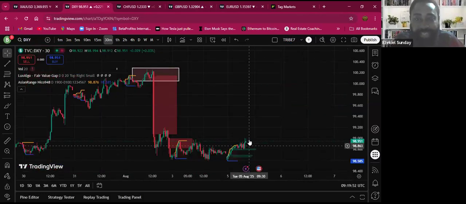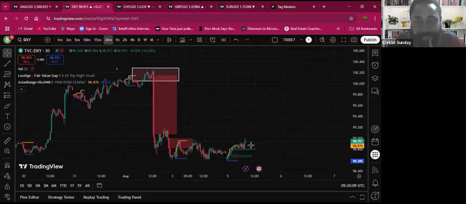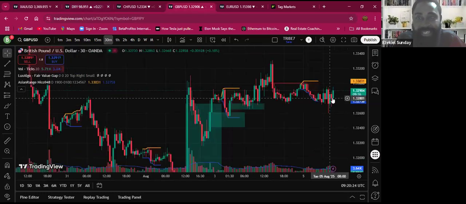DXY is coming out of the Asian range, showing some level of strength, and GBP/USD is coming out of the Asian range too. It has actually come out. When I was here, it was this red candle, which shows it's losing strength a little bit. And as it was gaining strength, there was a pullback here, which is the resultant effect of why this is gaining a little bit of strength back right now.